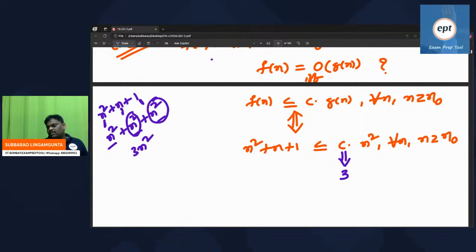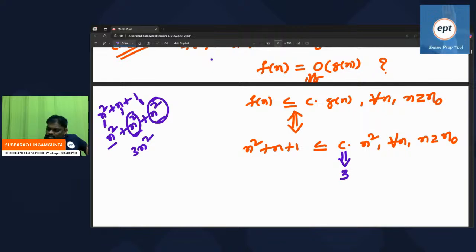If you see the left side, n square plus n plus 1, and I take C value 3, the right side is 3n square. The left side has one bigger term, one middle term, one smaller term, but the right side is n square plus n square plus n square, three bigger terms. So definitely the right is bigger. So I'm able to prove the right is bigger, which big O notation is saying.